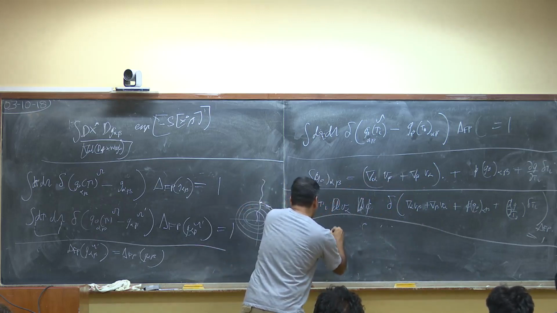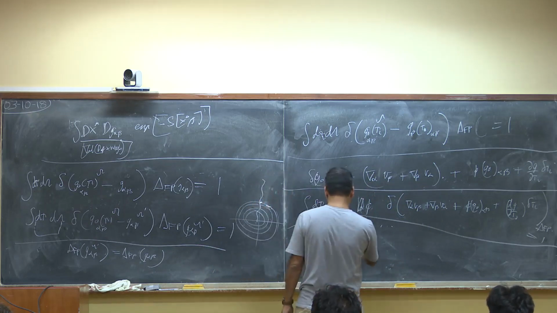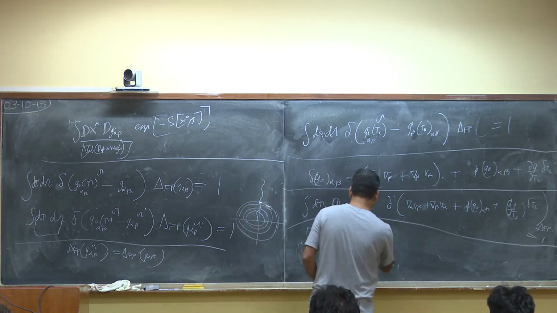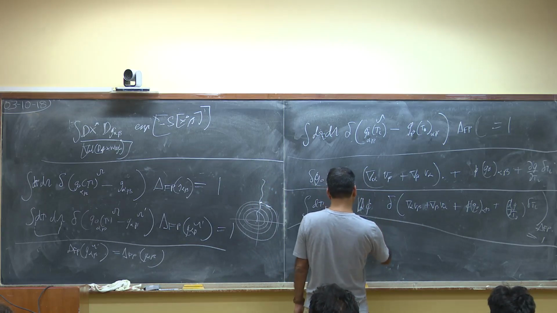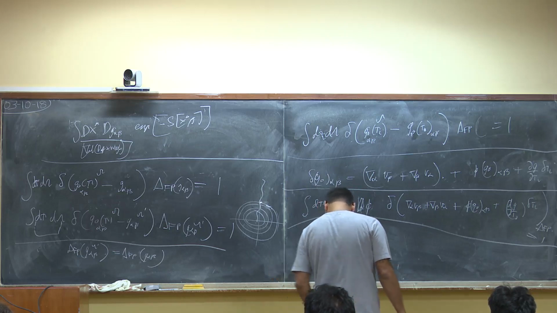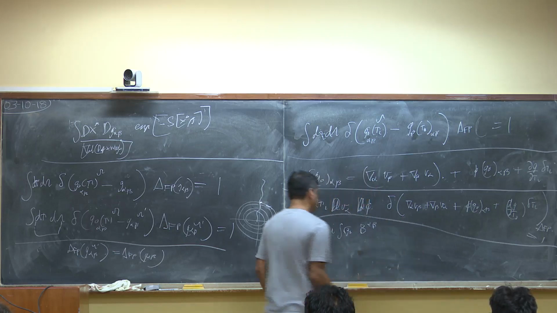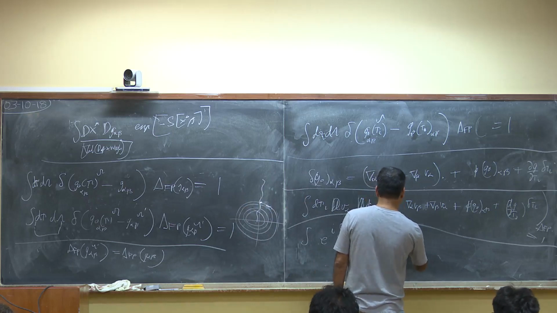e to the power i, let's call it B, square root of g naught, B alpha beta, times del alpha B beta plus del beta B alpha.